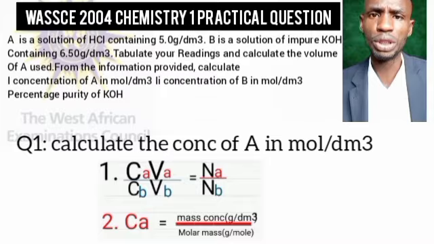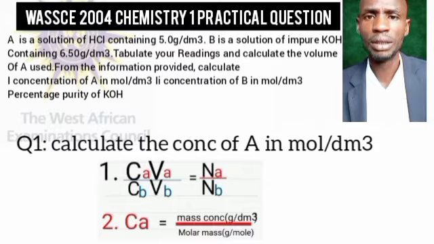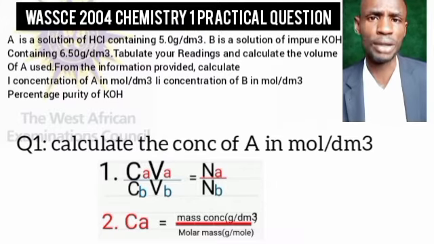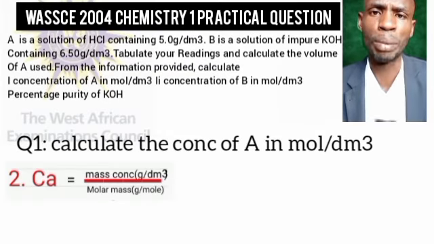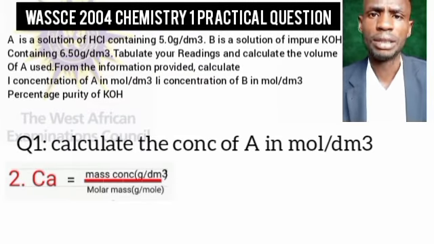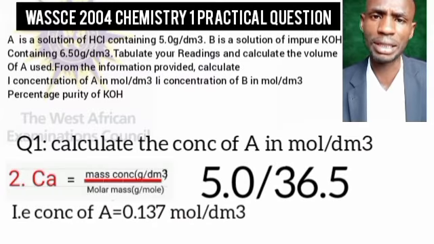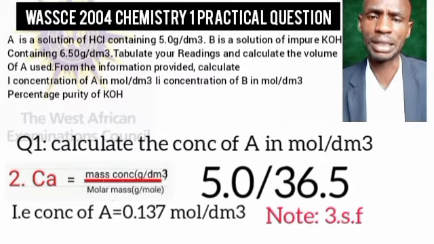In this case, we do not know our Cb. Because we do not know our Cb, we can't use CaVa over CbVb. Then we can use molarity is equal to mass conc over molar mass. The mass conc of A is equal to 5.0 gram per dm cube, divided by the molar mass, which is 36.5. What we got there is our molarity of A, in mole per dm cube.